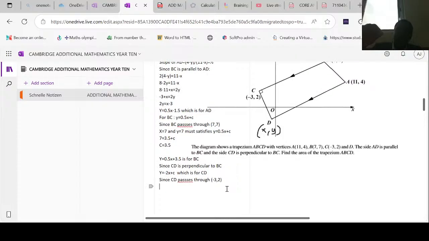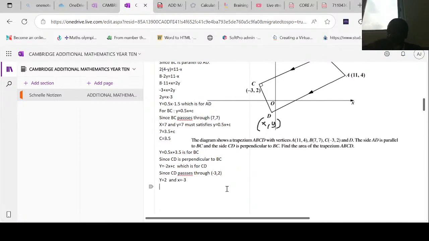So it means that point must lie on that line. Since that point lies on that line, it must satisfy that equation. So which means y will be 2, and the corresponding value of x will be negative 3. So our equation becomes 2 equals negative 2 times negative 3, which is 6, plus c.